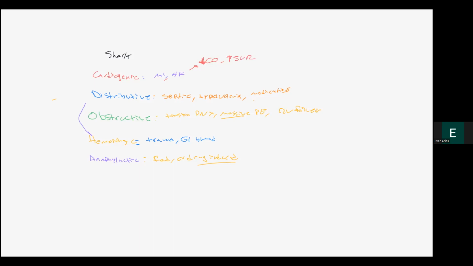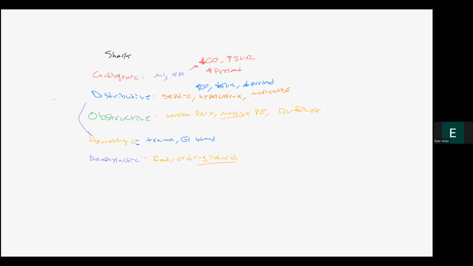You have high preload because everything's backing up. This one, distributive, you're having a high cardiac output, low systemic vascular resistance, low preload. That's really the most important ones.